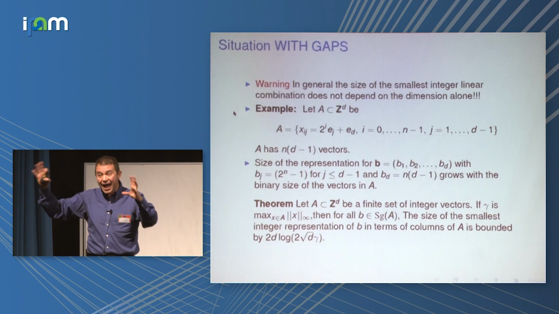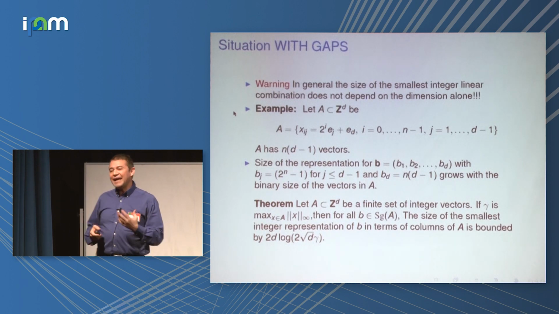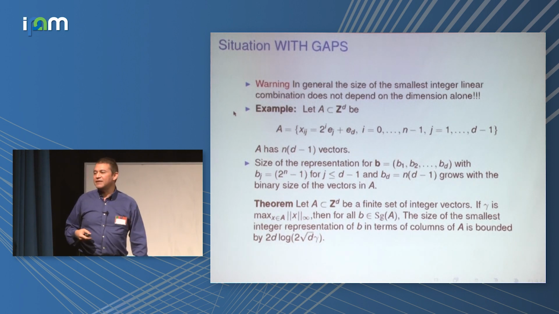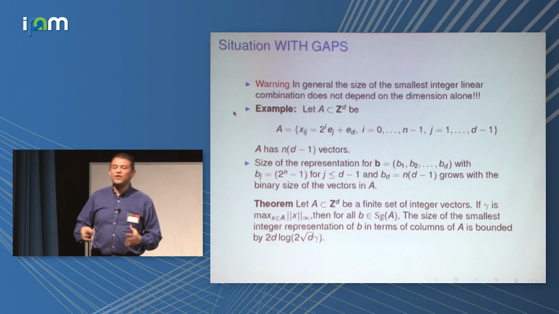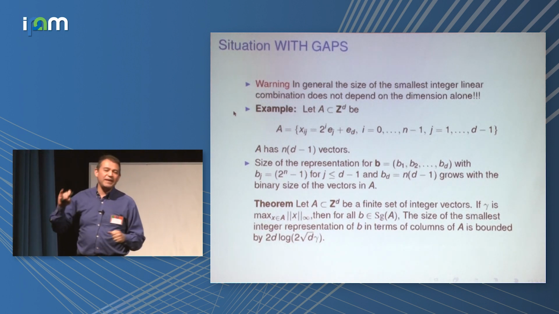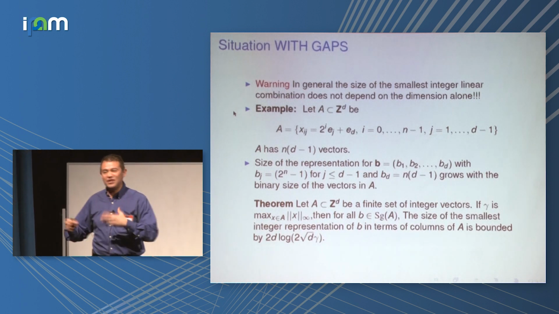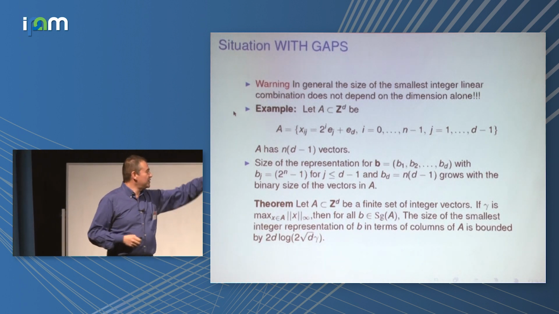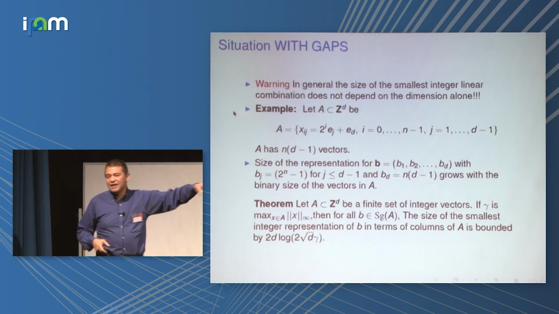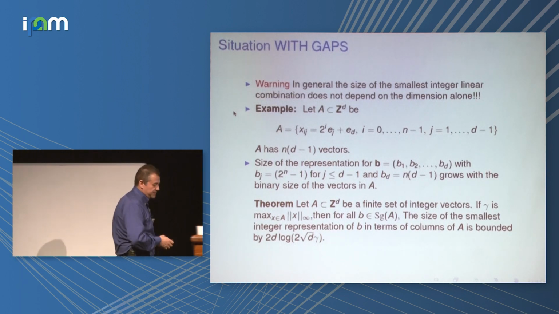So this is the bound that we prove. Again, it depends on the size of the entries. If you promise me that you're never going to use entries larger than 1, zeros and ones for example, then this depends just on D, but it's not.